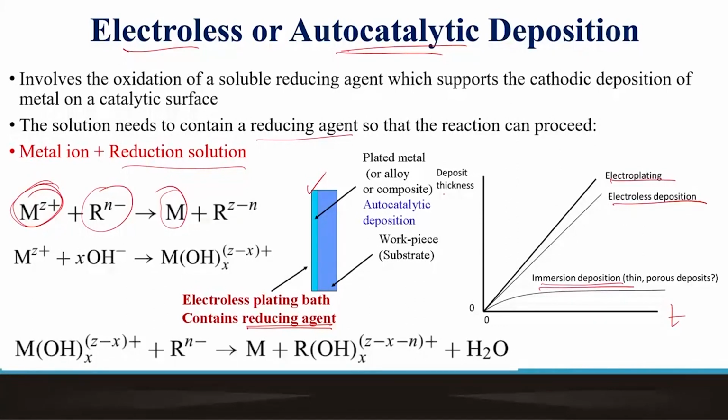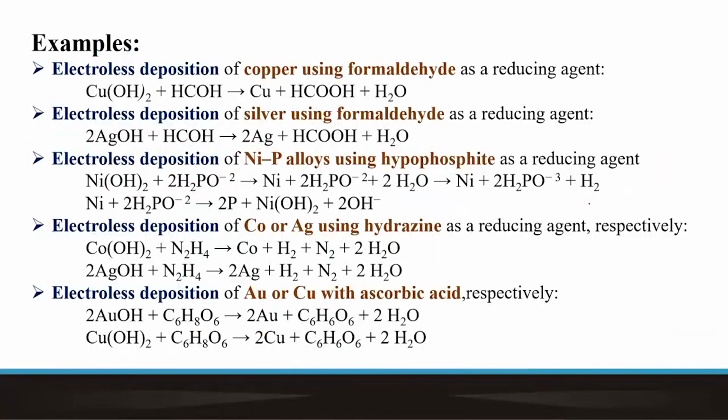So thickness as a function of time is small and plateaus off in case of immersion deposition, is of lower rate but fairly linear in case of electroless deposition, and in case of electroplating, of course, this can be with a much steeper slope, or the rate of deposition could be higher.